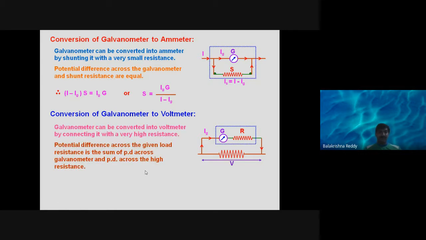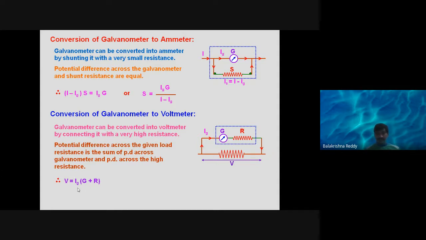Then we can write that the potential difference across the given load resistance is the sum of the potential difference across the galvanometer and the potential difference across the high resistance. Got it? Since we are measuring voltage in any circuit, these are the points we are taking. When finding the voltage between these two points, V equals I into R, basic Ohm's law.